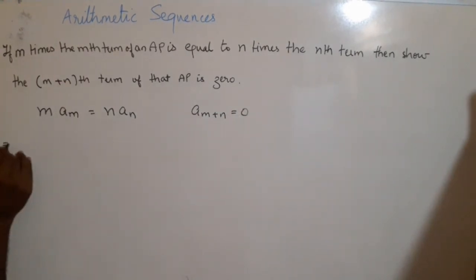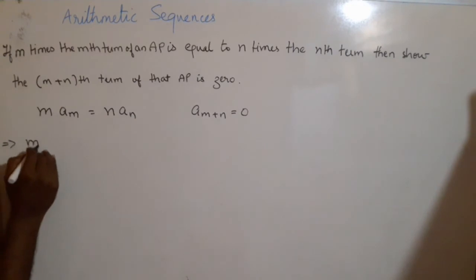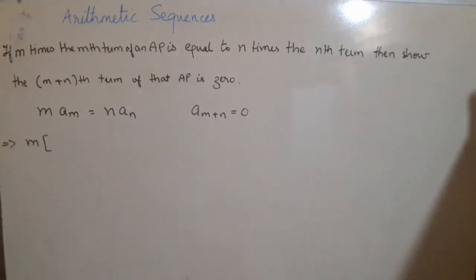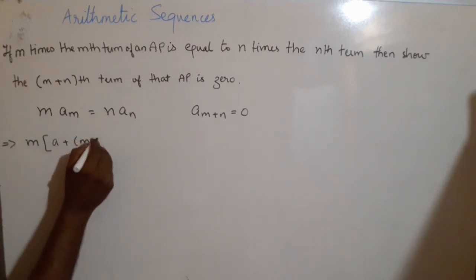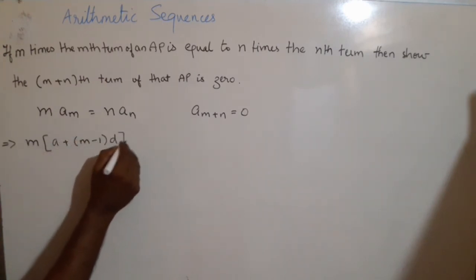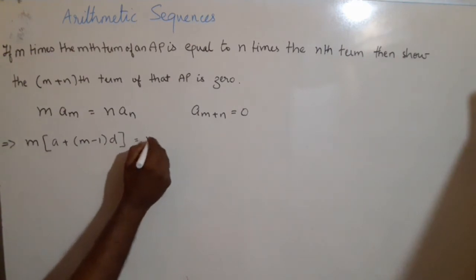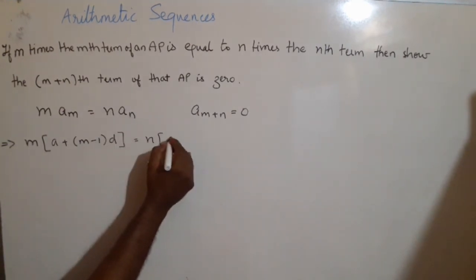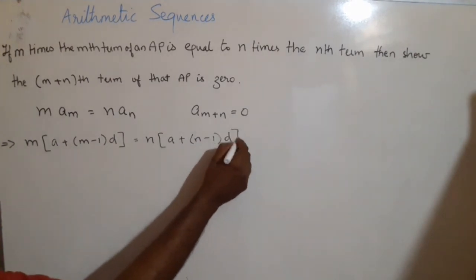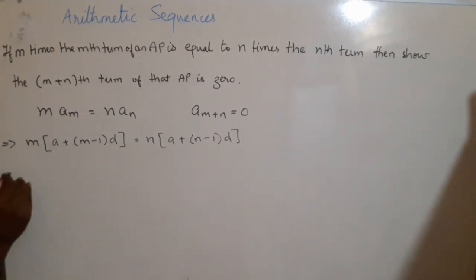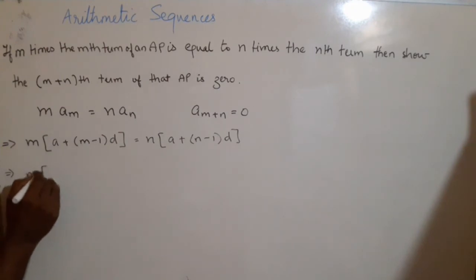We'll proceed using the same formula. How is the mth term written? By the general formula, m times (A plus (m minus 1) D) equals n into, what is the nth term? A plus (n minus 1) D. Let us simplify.